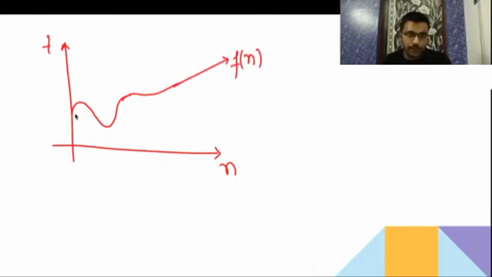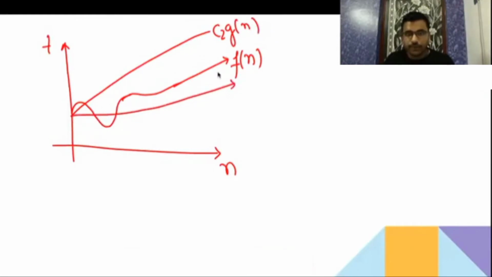Now this is your c2 g(n), and this is your c1 g(n). Now with the function g(n) only, you are bounding the f(n). Here it's the upper bound, here it's the lower bound. And the input, this is the n0.